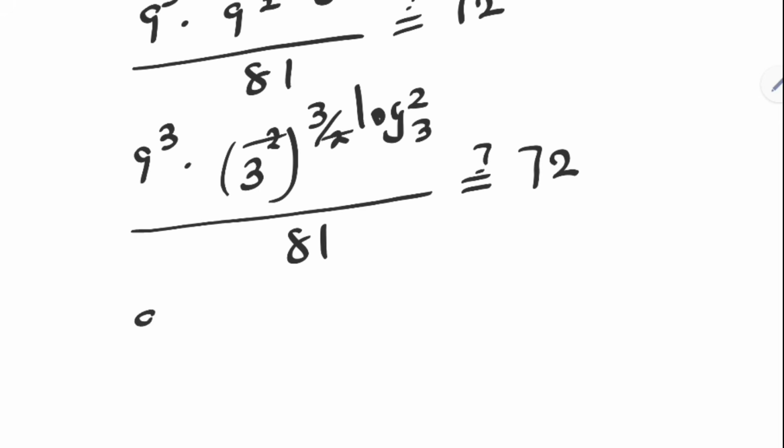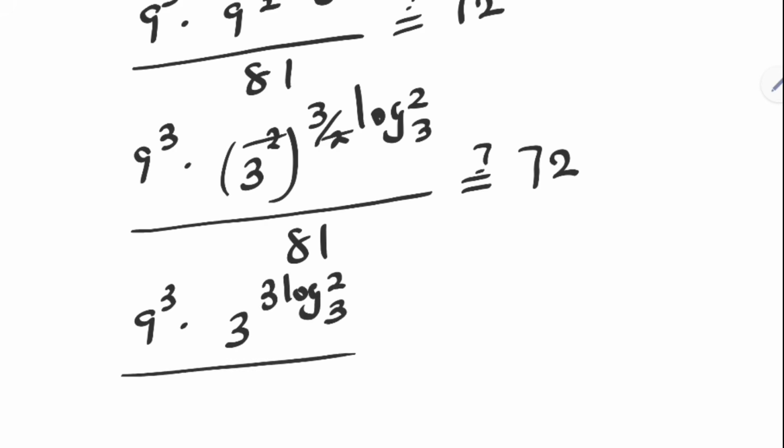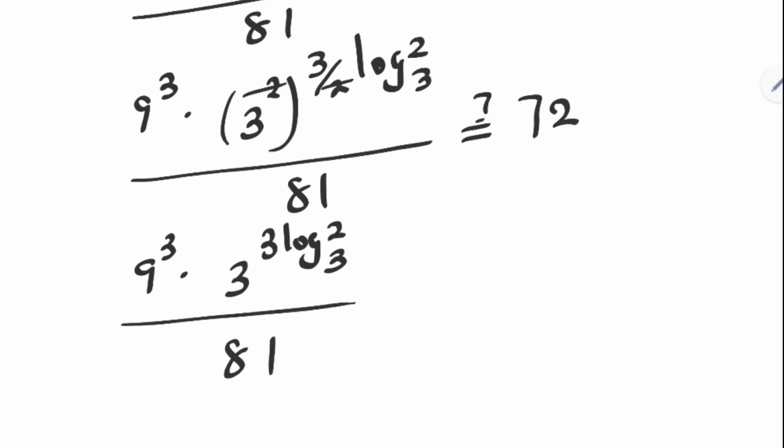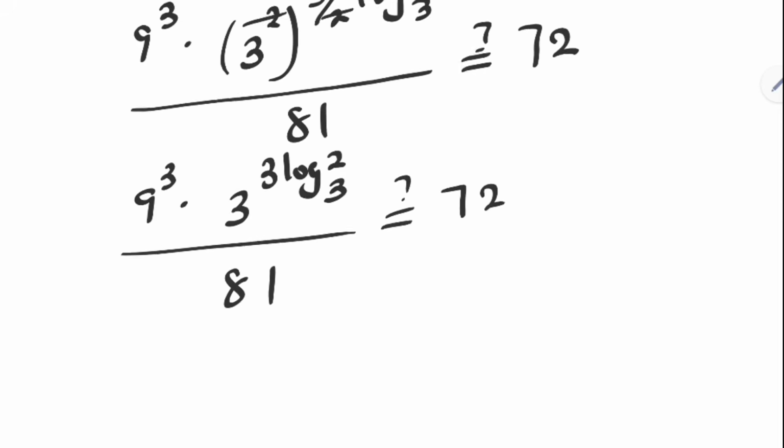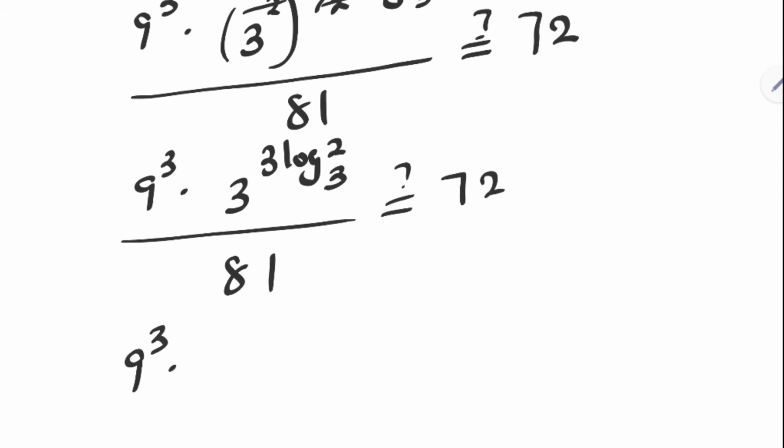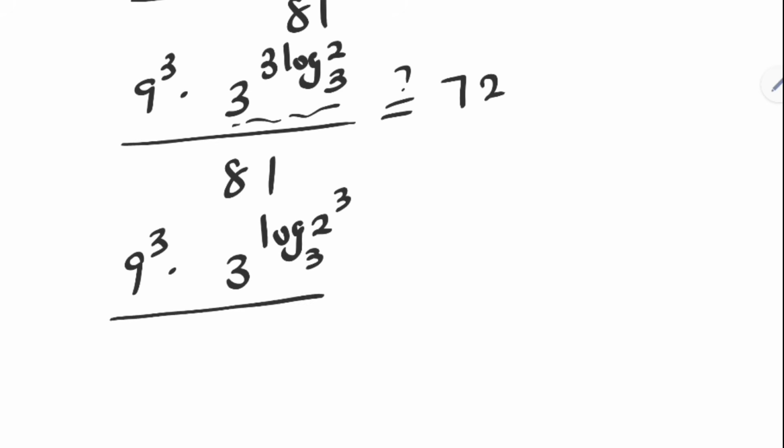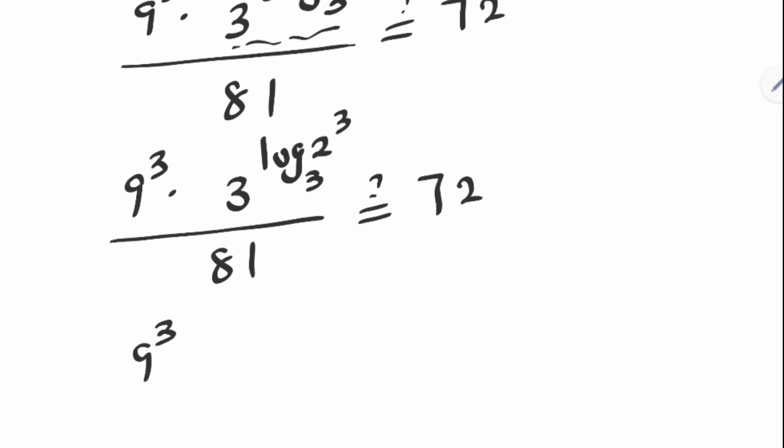This cancels this. 9 raised to power 3 multiplied by 3 raised to power 3 log 2 base 3, divided by 81 must be equal to 72. 9 raised to power 3 multiplied by this can be written as 3 raised to power log 2 raised to power 3 base 3, divided by 81 must be equal to 72. 9 raised to power 3 multiplied by the whole of this is, if you have a raised to power log b base a, this is equal to b.